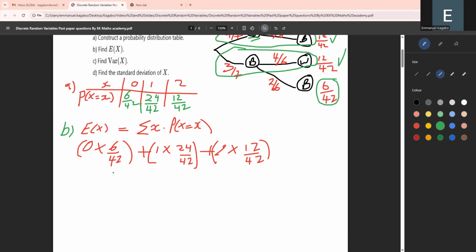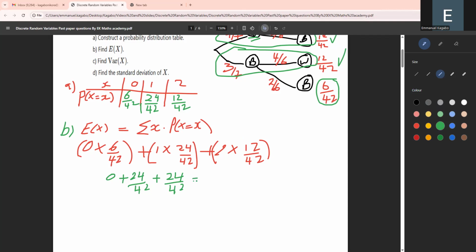Now, 0 times any number will give me 0, plus 1 times the 24 over 42, plus 2 times 12, that is 24 out of 42. So what do I get?